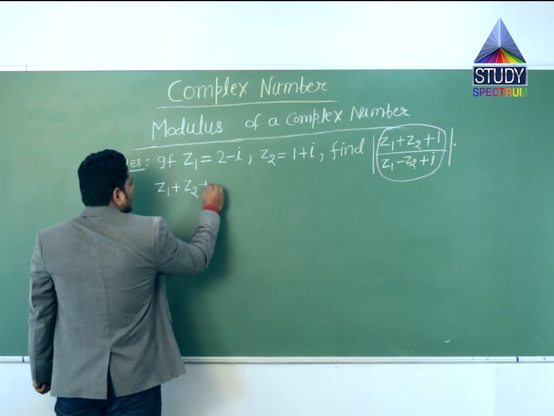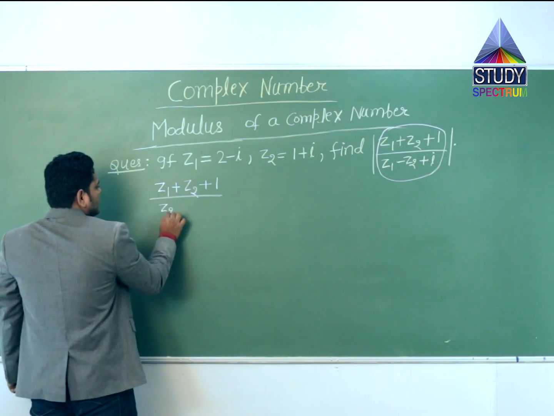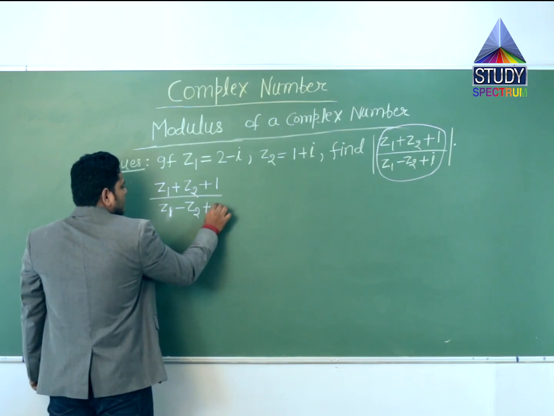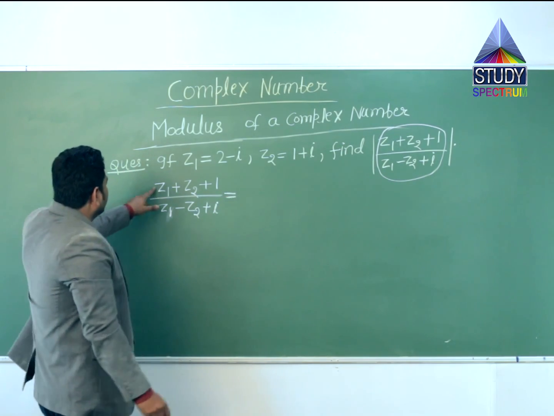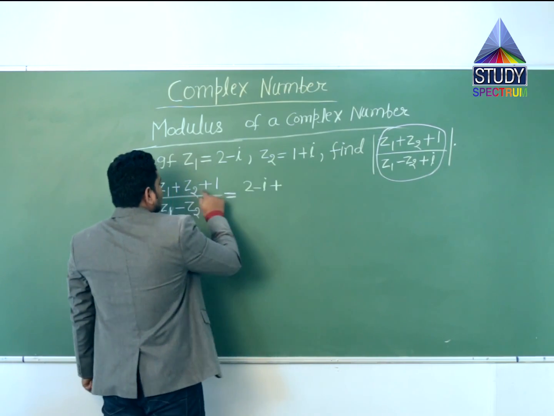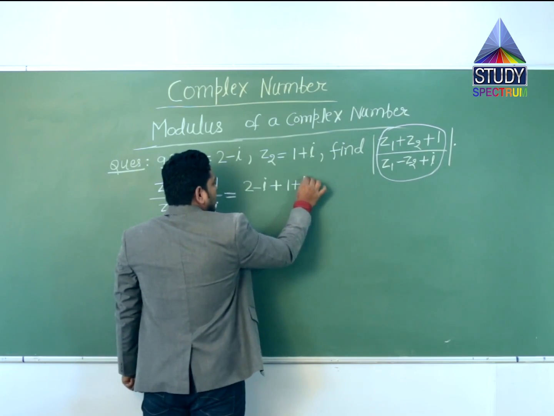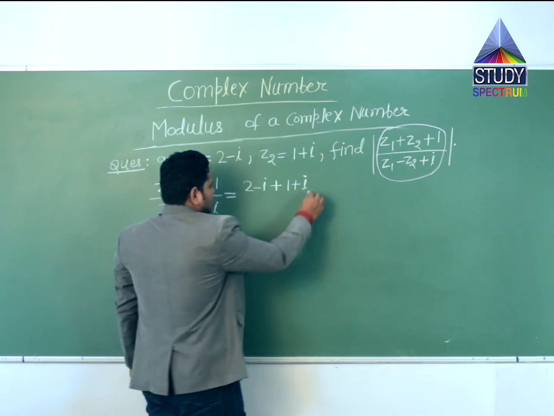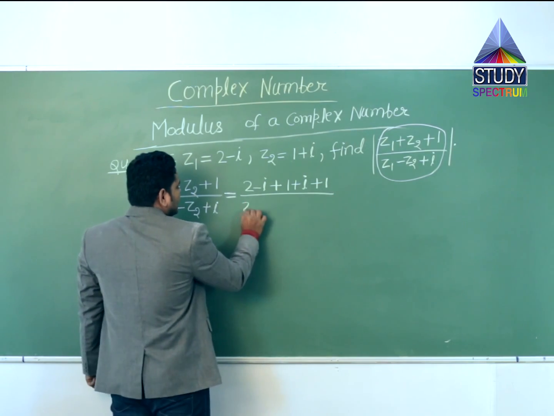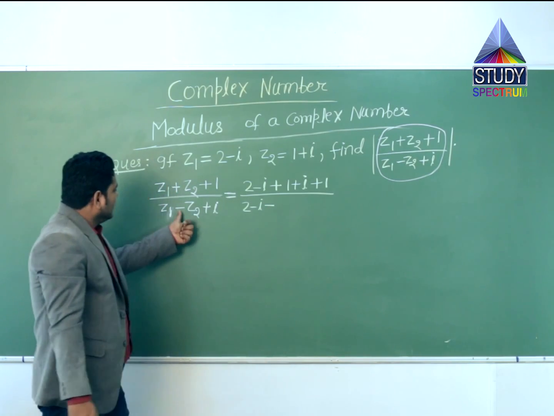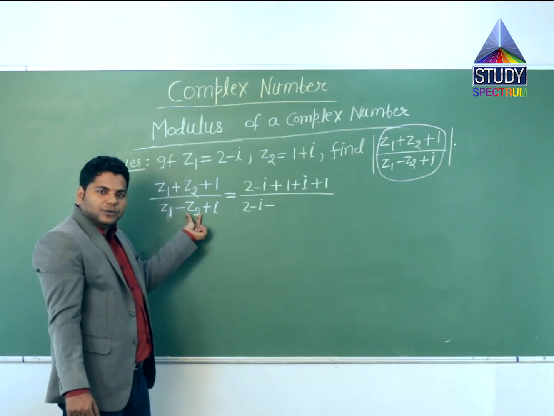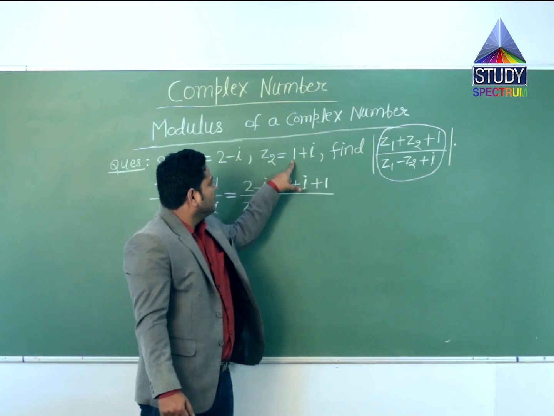So let's find z1 plus z2 plus 1 upon z1 minus z2 plus i. Okay. Now z1 is 2 minus i, so we'll write 2 minus i plus z2, which is 1 plus i, plus 1 upon z1, which is 2 minus i, minus, after minus we have z2 and z2 contains two terms, 1 plus i.